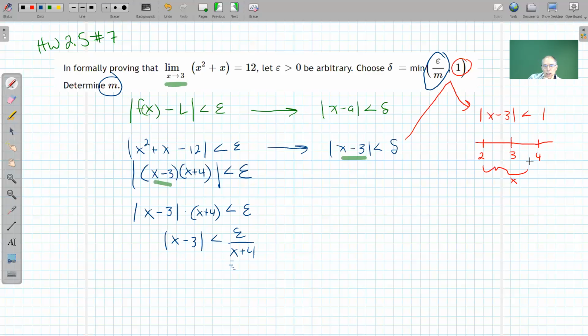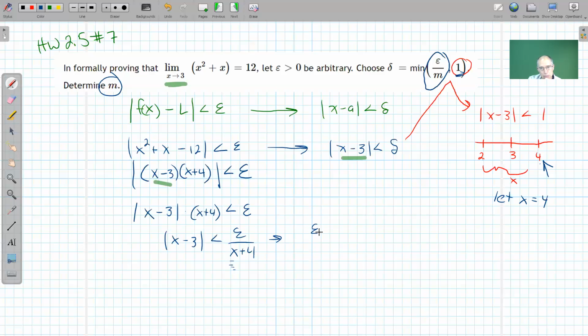Well, if I look up here, according to this, I can choose delta to be the minimum of epsilon over m or 1, and that 1 forces x to be between 2 and 4. The bigger the denominator is, the smaller the fraction is, so I would think I should pick the biggest number I can for x. So based on this, I'm going to let x equal 4 down here.